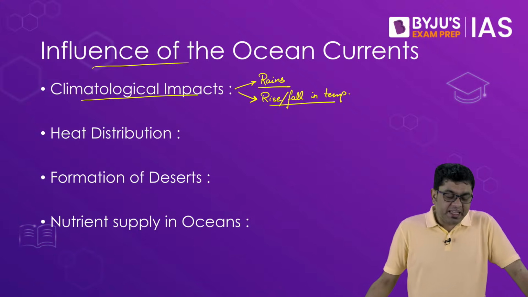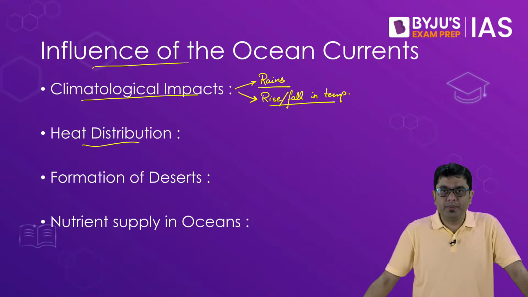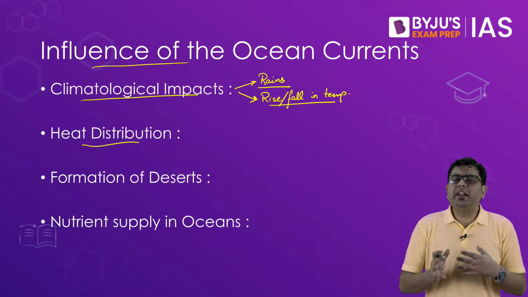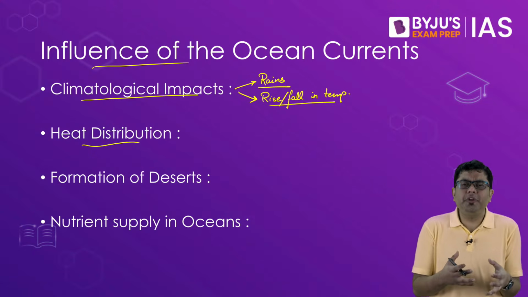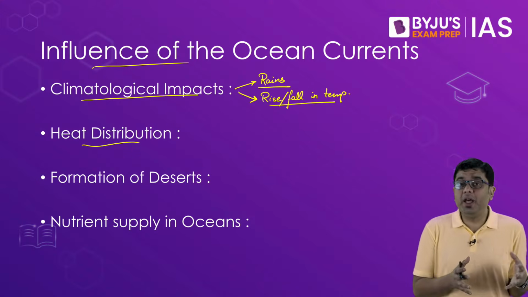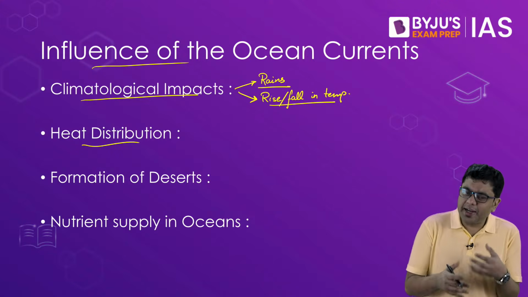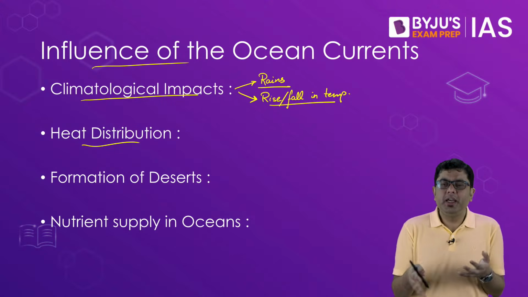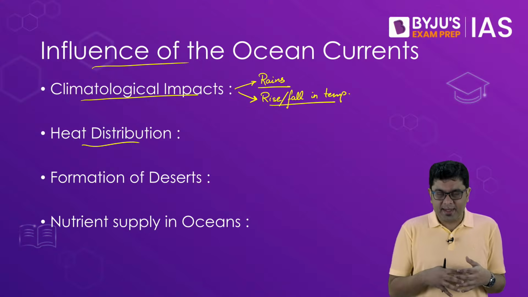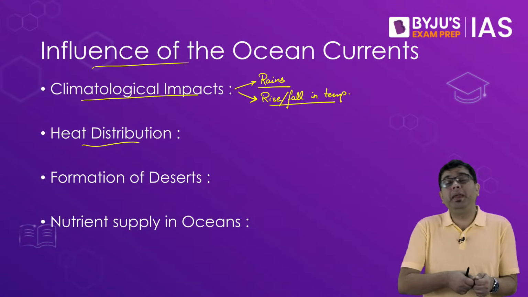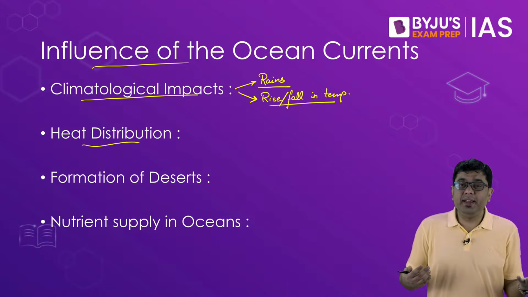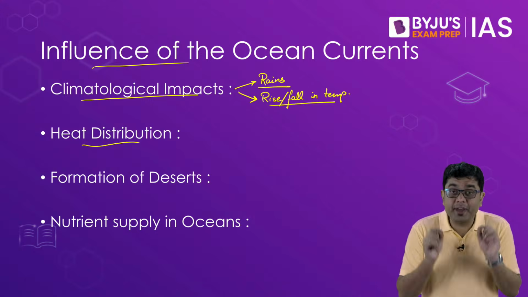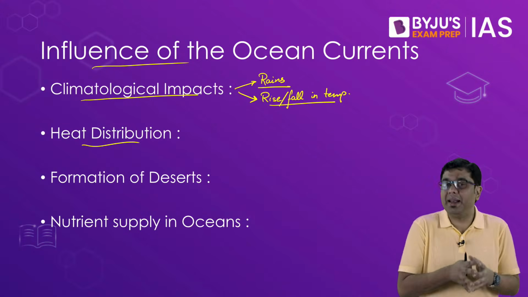Okay? Then we have the heat distribution. That is, how is heat distributed? So we know that the lower latitudes have a kind of heat surplus, whereas the polar region, the higher latitudes, have a kind of heat deficit. So that transfer and distribution of heat, so that a balance is attained, so that an area does not become excessively cold and another area does not become unbearably hot, is very essential to maintain the heat balance.